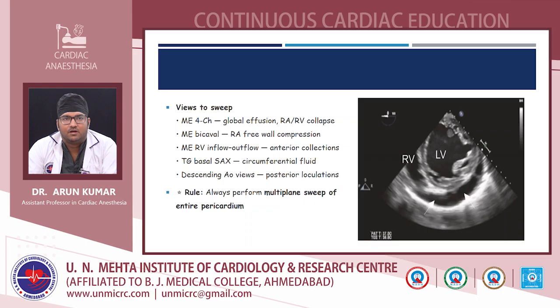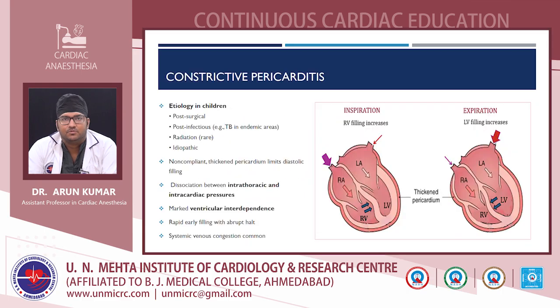Always perform a multiplane sweep of the entire pericardium rather than a single view. In this image we can see a patient displaying a pericardial effusion towards the LV anterior wall. This is a transgastric mid-papillary short axis view.